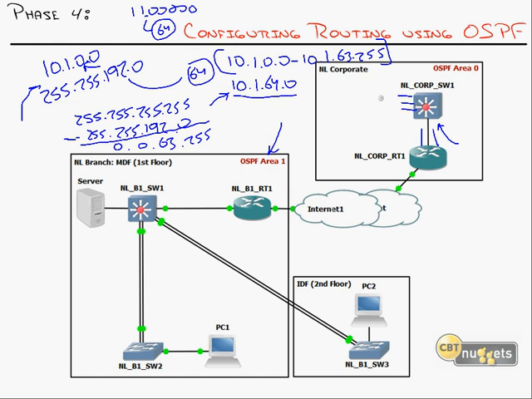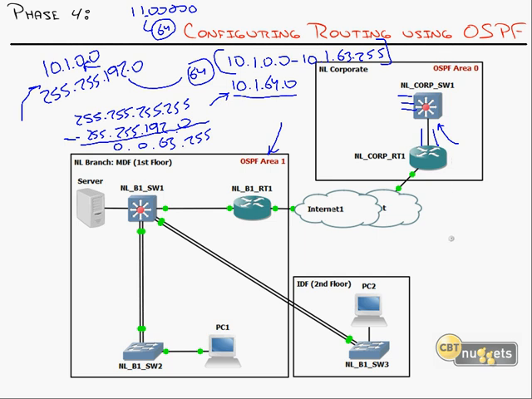That's not normal. You don't normally do it that way. The only reason I did that is because I wanted switch 1 to act not only as a layer 3 switch, but also as PCs that we could ping. So I created some additional VLAN interfaces over here just so we could ping them. They would work, all that kind of stuff. Yes, there's probably a different way I could have gone about it, but I didn't.